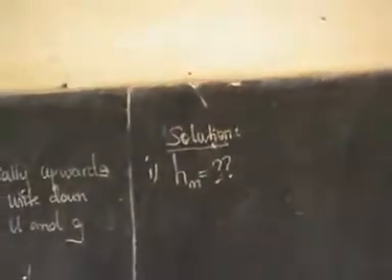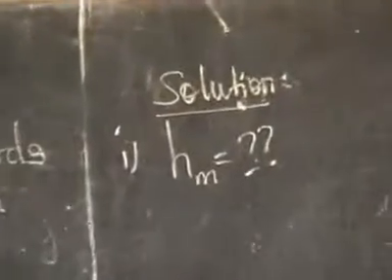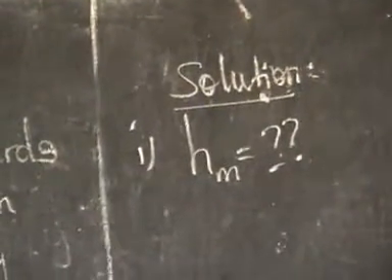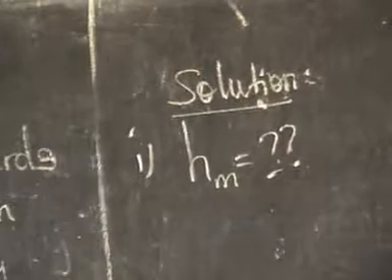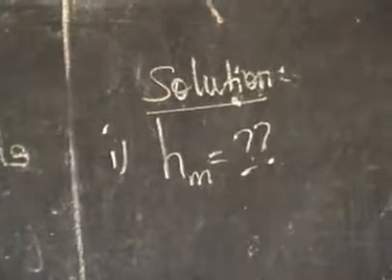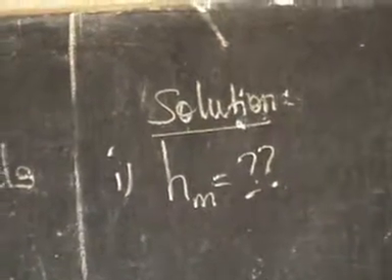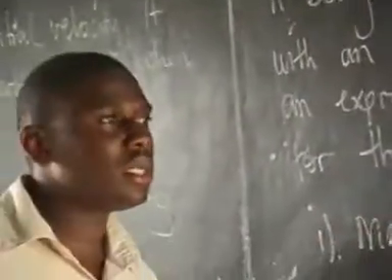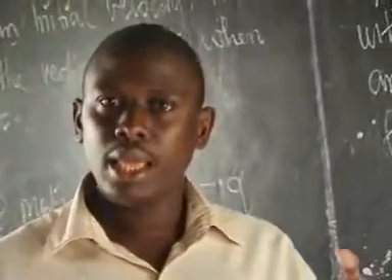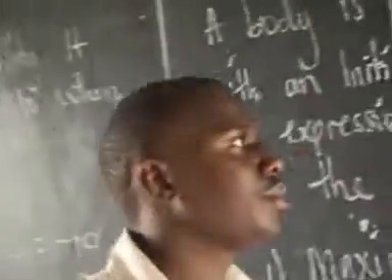Therefore, the equation which we have to think of has to have a component of calculating the displacement. However, at the condition of maximum height, its final velocity must be equal to 0.